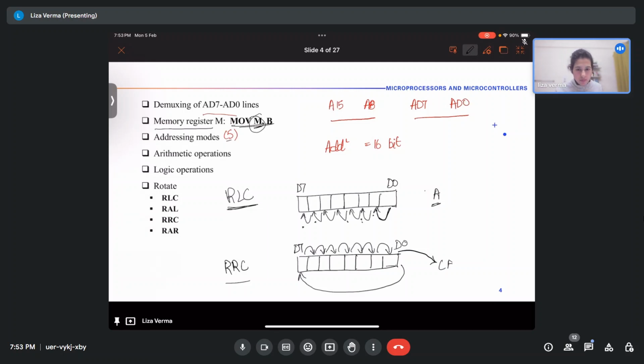D6 goes to D7. So all of these bits have some data. D0 doesn't have anything. It just gave away and didn't receive anything. Just as in RRC, D7 was empty.